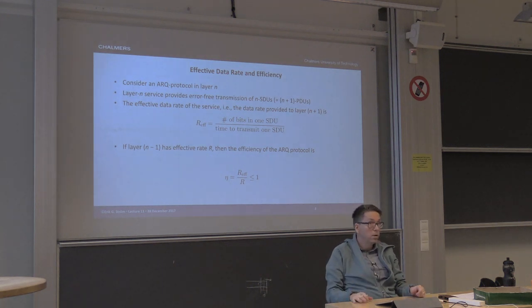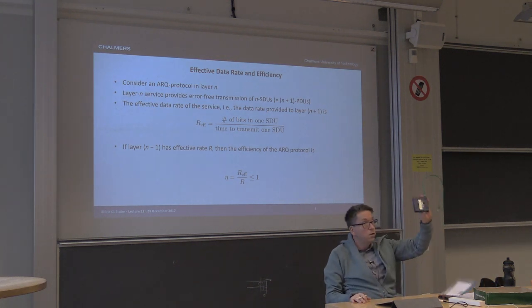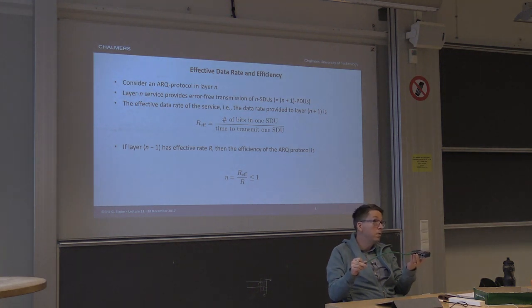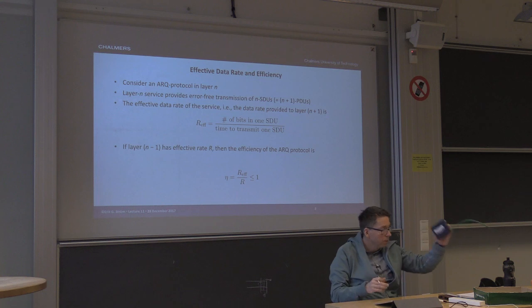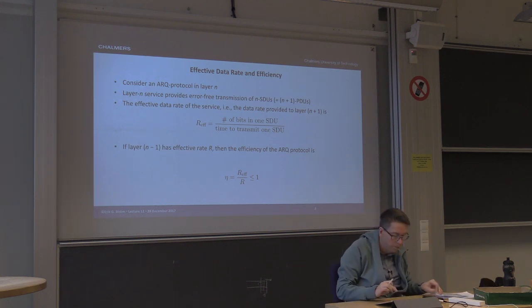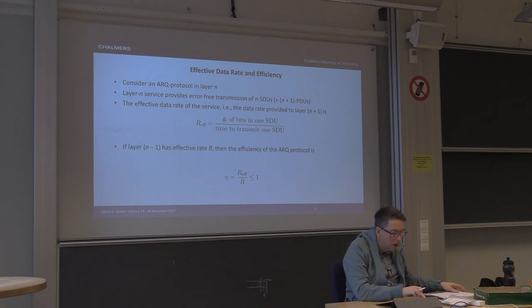There's a fundamental limit to this. So if this is a 100 megabit Ethernet, for instance, I cannot, over this one, deliver a 1 gigabit service. I mean, it's impossible. So efficiency is always less than 1 here.